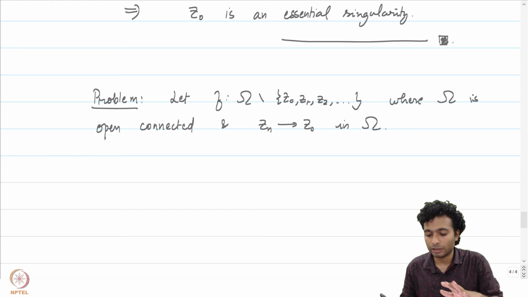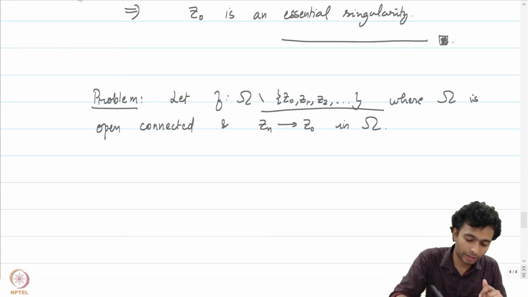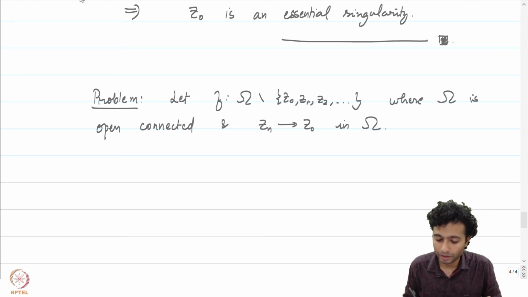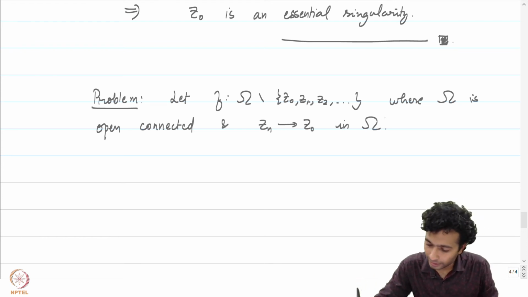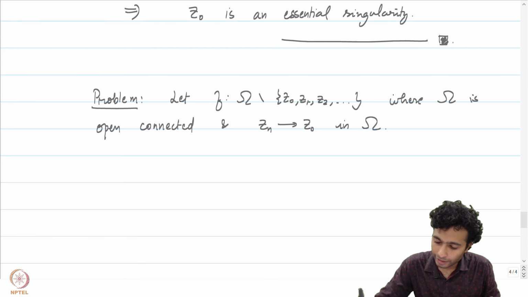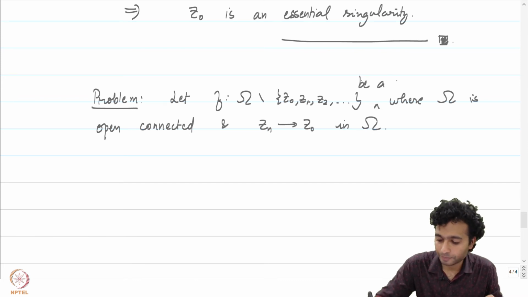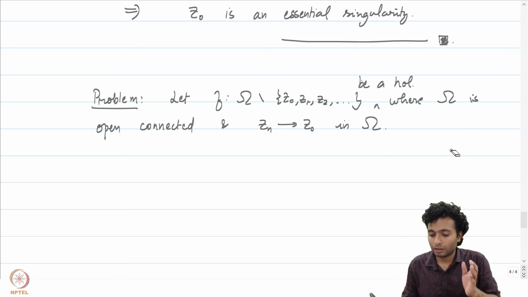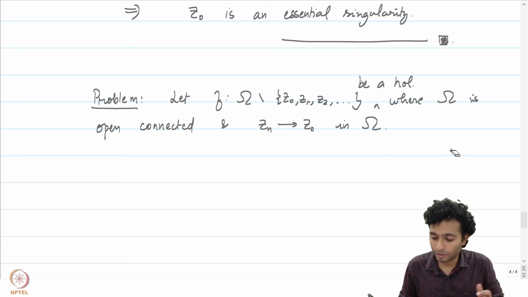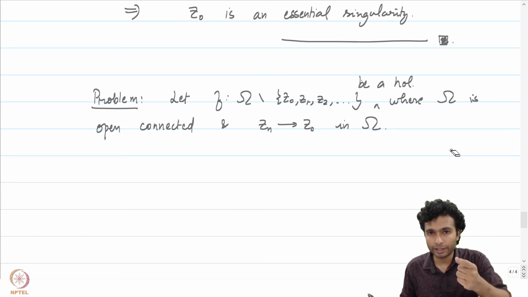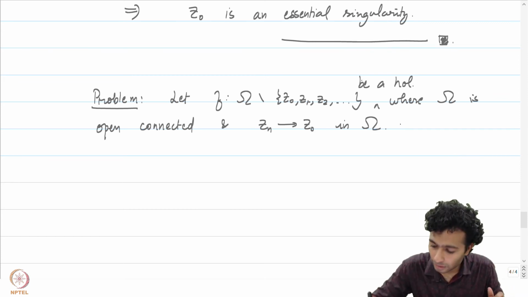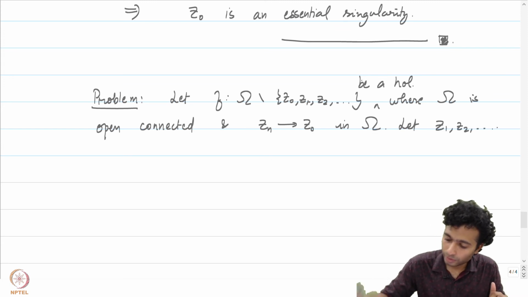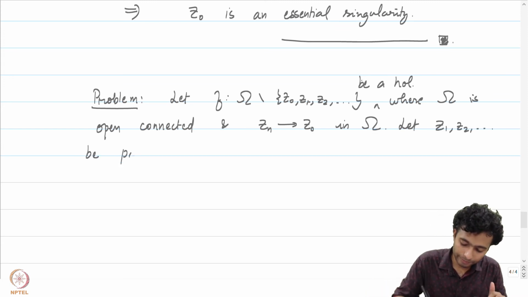Notice that the thing inside this bracket is not a discrete set, z0 is a limit point. Let f be a holomorphic function on such a set. Assume further that zn for n greater than 0, basically z1, z2, z3, all these points, are poles of f.